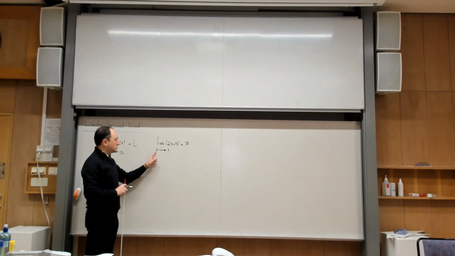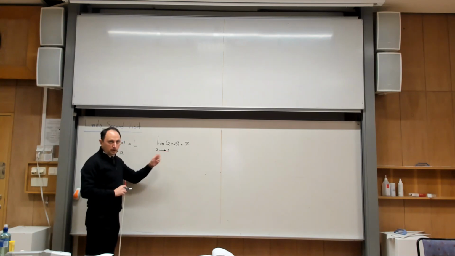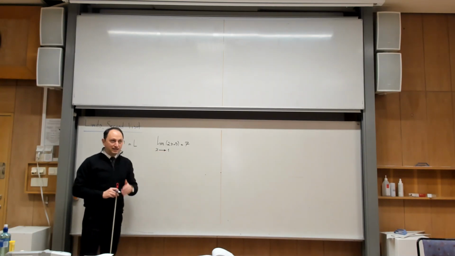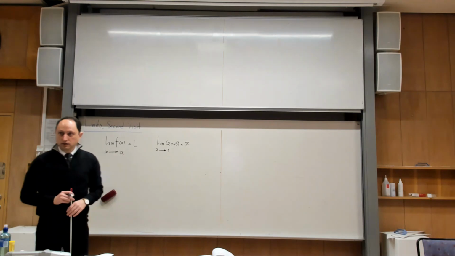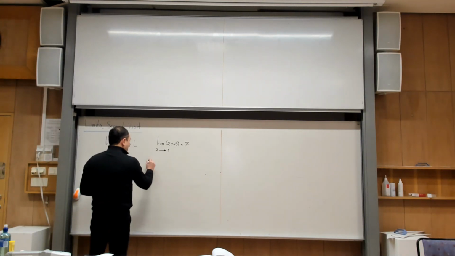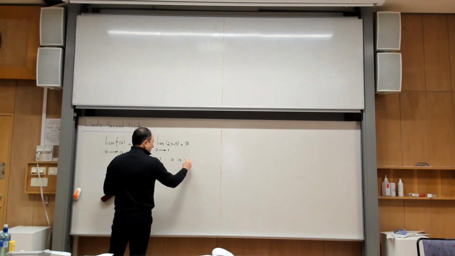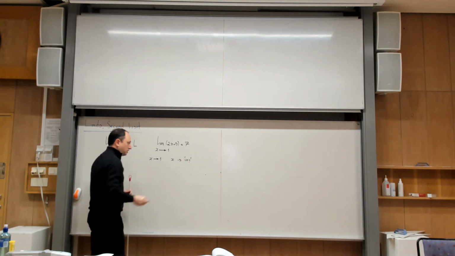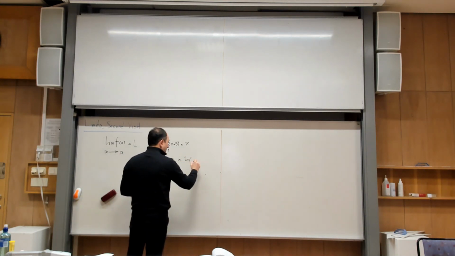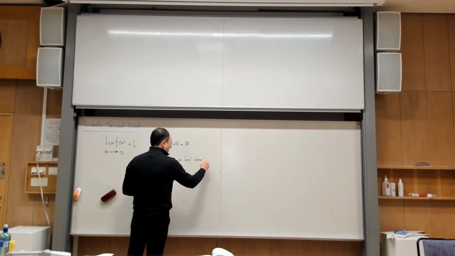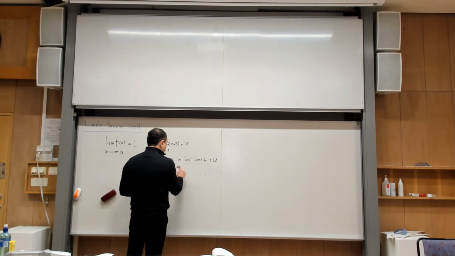When I write x approaches 1, it means the value of x is getting closer and closer to 1, but you are not allowed to stand exactly at 1. That is the point. So this should be interpreted in this way. When you see this symbol, this means that x is very, of course this is a little bit vague, what is the meaning of very here? x is very close to 1, but x is not equal to 1.